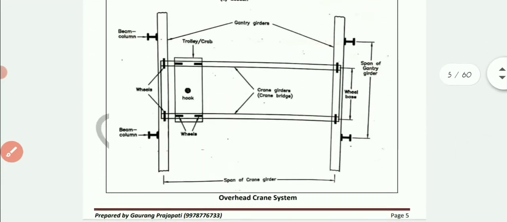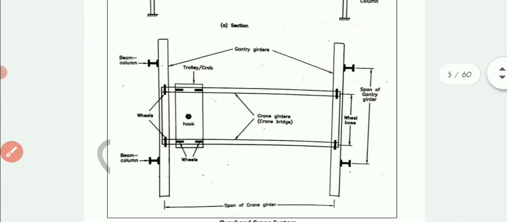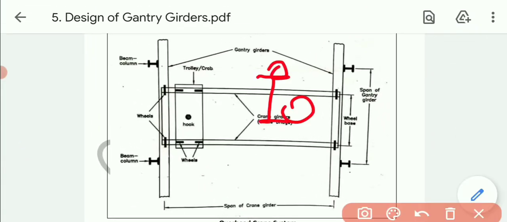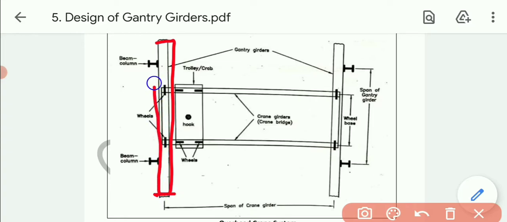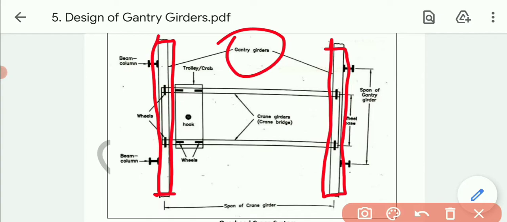Then this one is the plan of that figure. This one is our gantry girder, you can see over here. So ultimately this will become the span of the gantry girder.